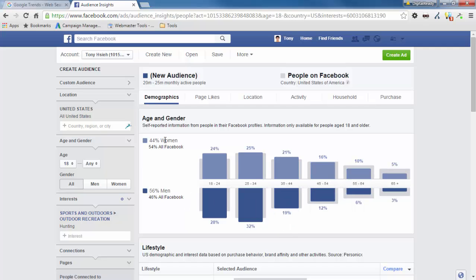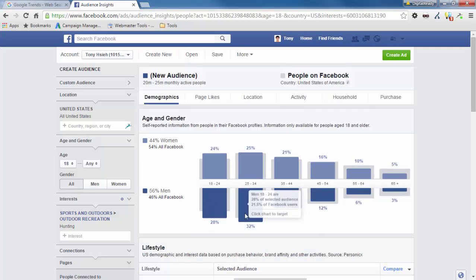So in this case, obviously men, 56%, so we should go after men. And 25 to 34 seems to have the most, but ideally we should target 80%, I should say, but it's almost always impossible to do that.